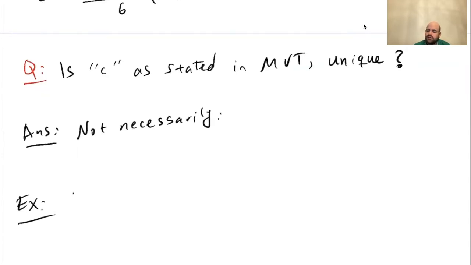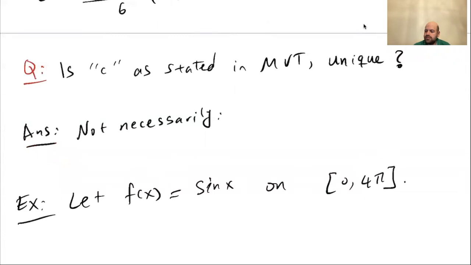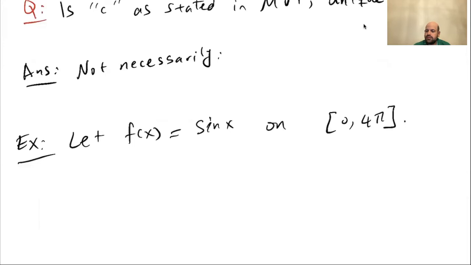Let's say f of x equals sine x on 0 to 4 pi. Find c values as stated by MVT.